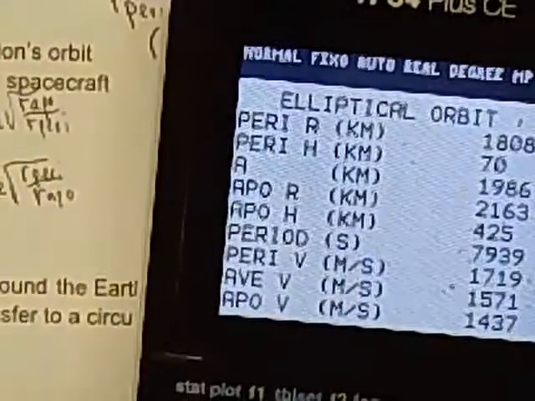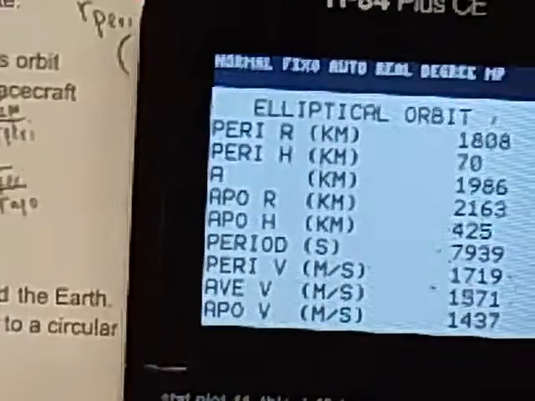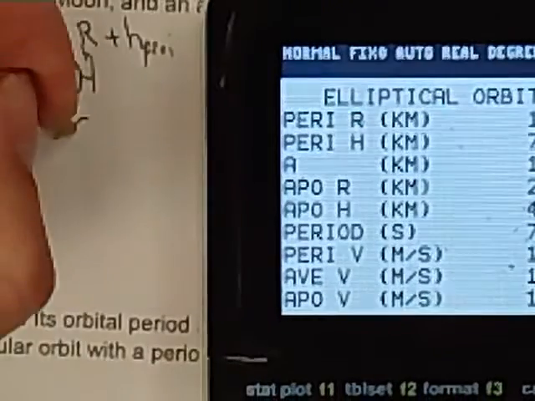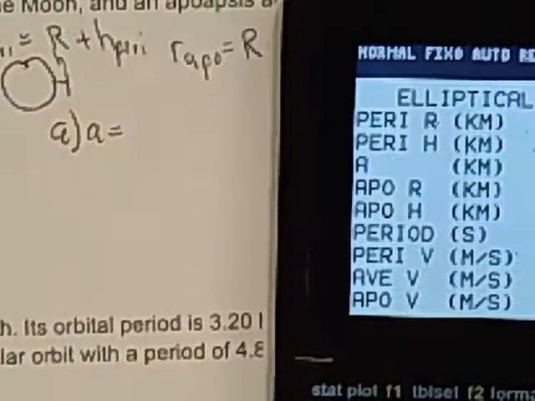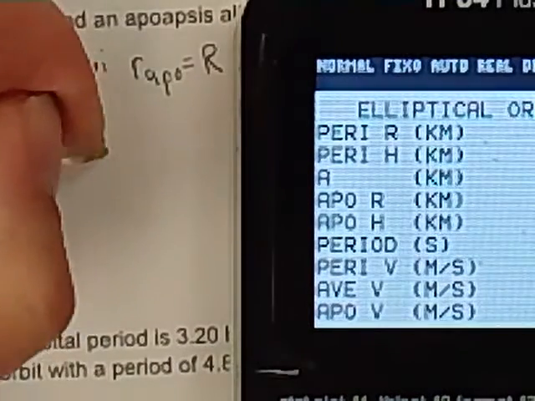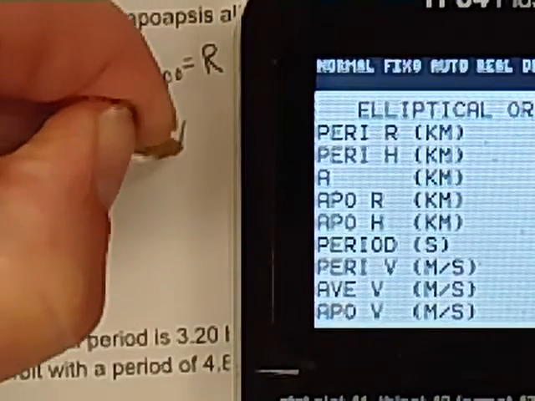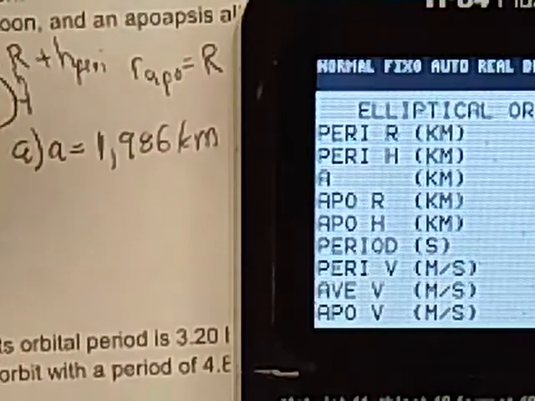The semi-major axis, part A, is 1,986 kilometers, because I like expressing it in kilometers, not meters.